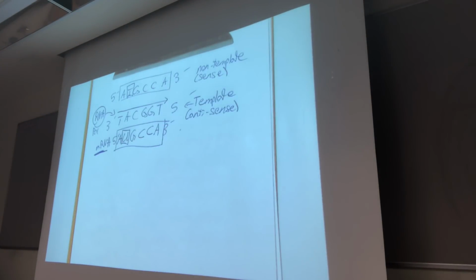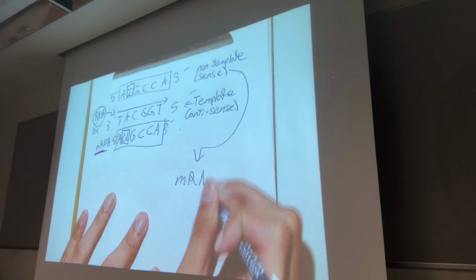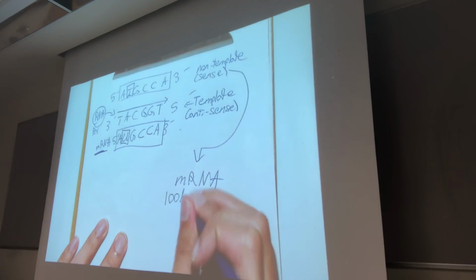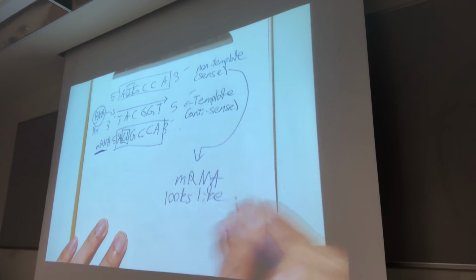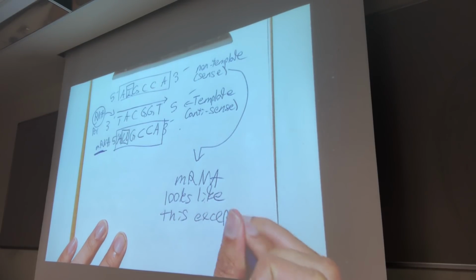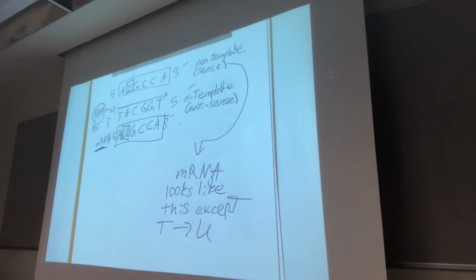That's it. So the reason why we call the non-template the sense strand is because this is basically what the mRNA will look like, except T's are now U's. That's why we call it the sense strand: it actually will look like what the mRNA strand is.